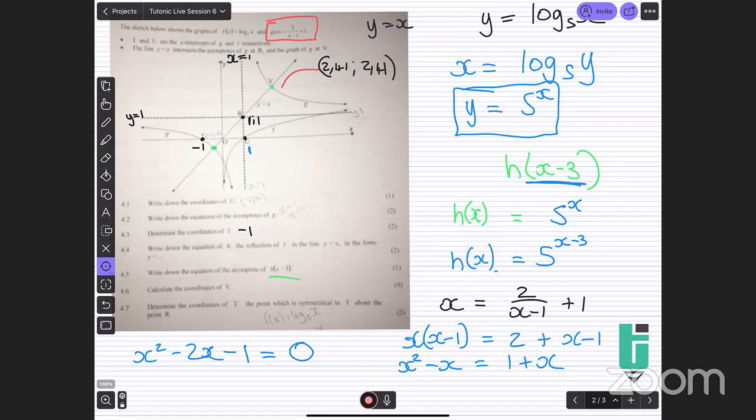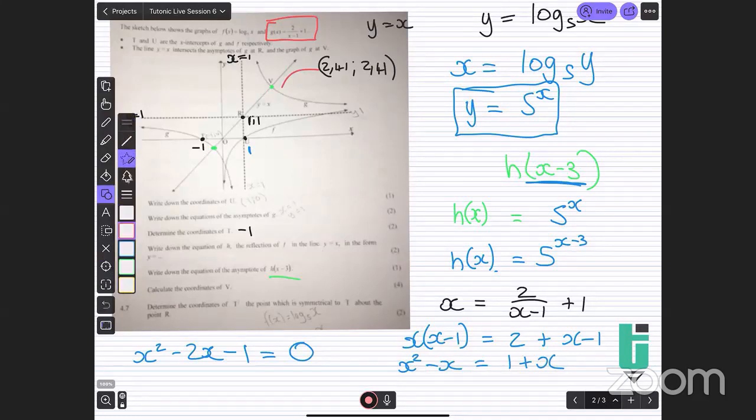Now number 4.7. That was 4 marks. Wow, 4 marks for that question. Determine the coordinates of T prime, the point which is symmetrical to T about the point R. So where's T? Here on the x-intercept of the hyperbola.